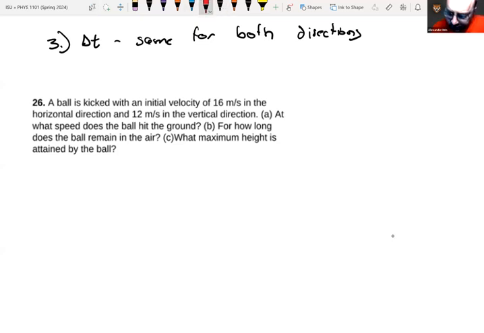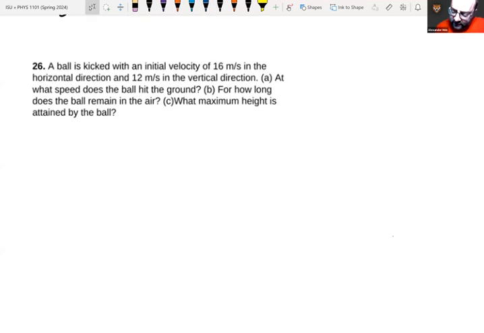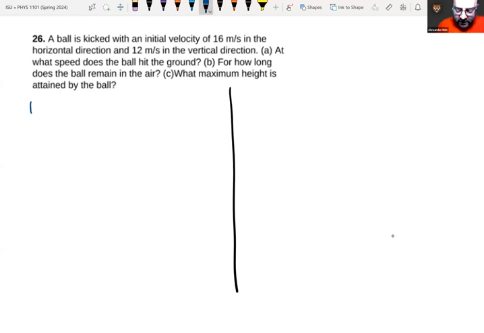I just want to articulate the process for you. So I'll break this into two pieces. Step one of this process is you want to break all quantities into x and y components.